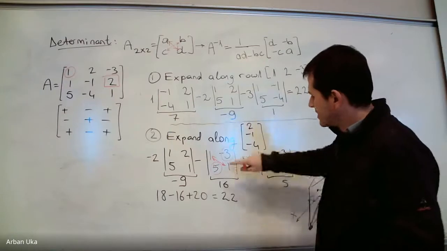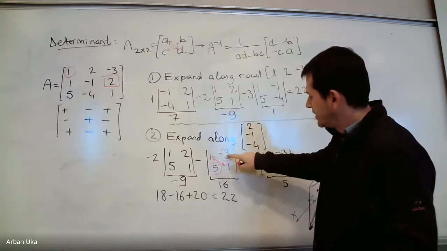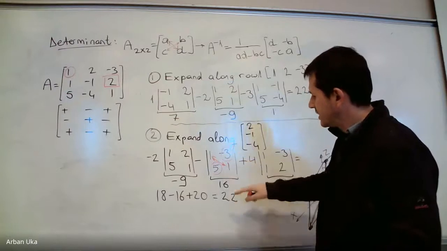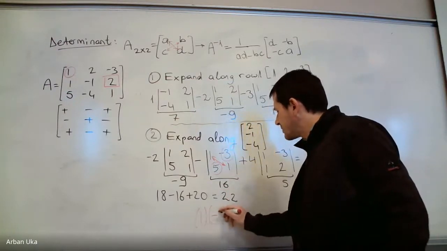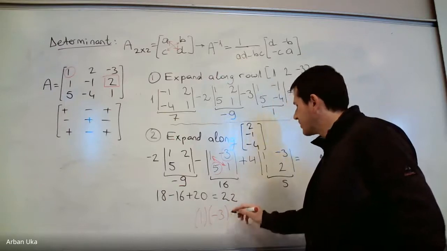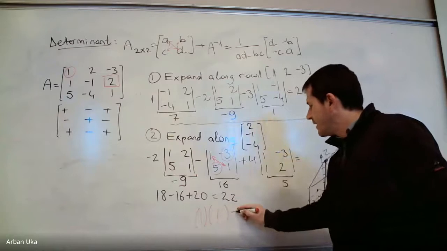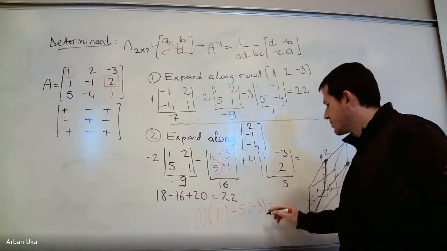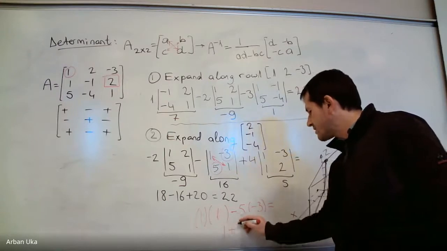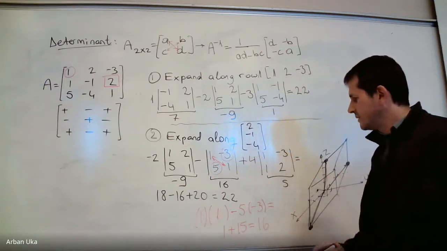No, but this is 1 times 1, this is 1. Minus 15, this is 1 plus 15, right? Because the determinant of this one is 1 times 1, minus 5 times minus 3. So this is equal to 1 plus 15, which is 16. Is it clear?